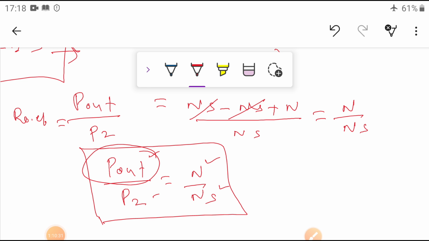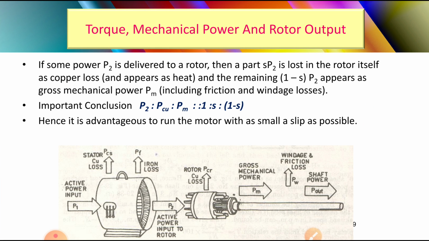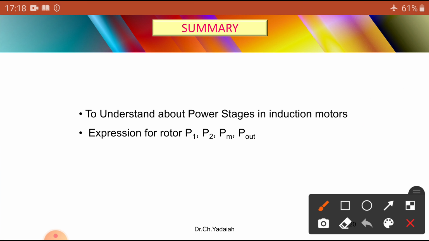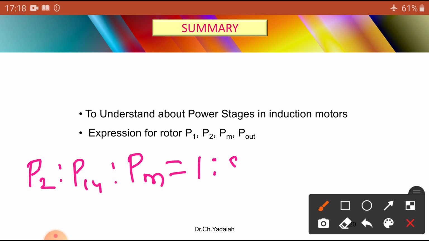Okay, now let us summarize what we have seen in this class: the power stages in induction motors and expressions for rotor relations. The main relation you should remember is P2 : P copper losses : Pm, the mechanical output developed, equal to 1 : slip : 1 minus slip.